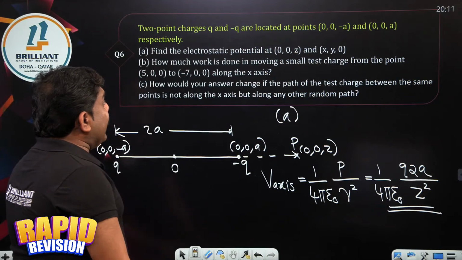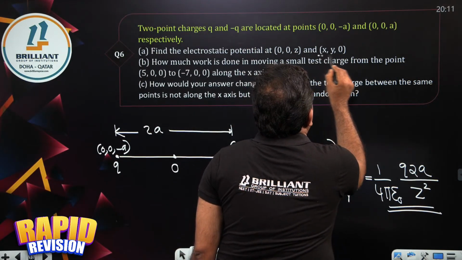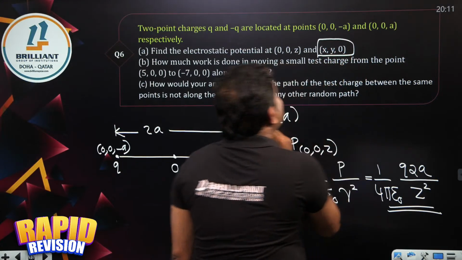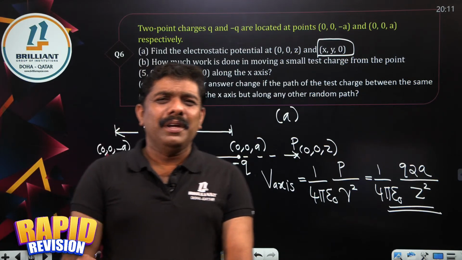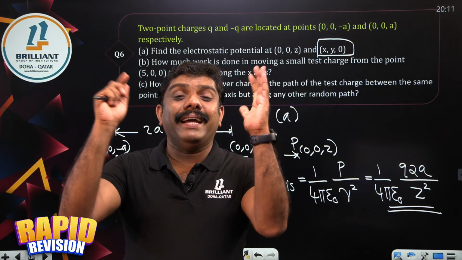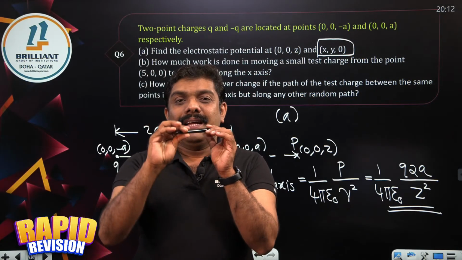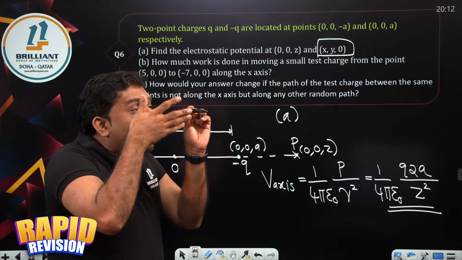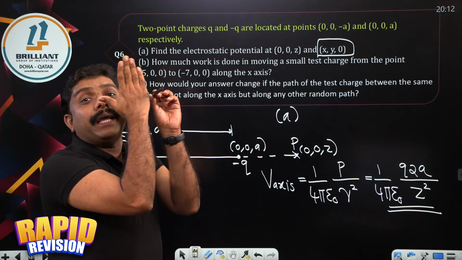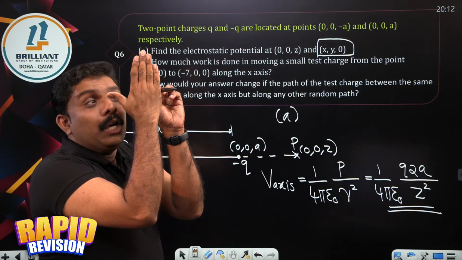Now they are asking the potential at another point also. What is the potential at that point, (X, Y, 0)? You can imagine what that (X, Y, 0) stands for. Suppose the dipole is on the Z axis. So (X, Y, 0) means it is in the XY plane.